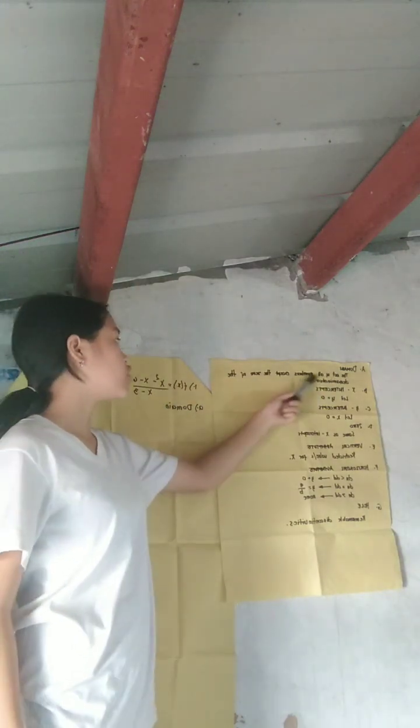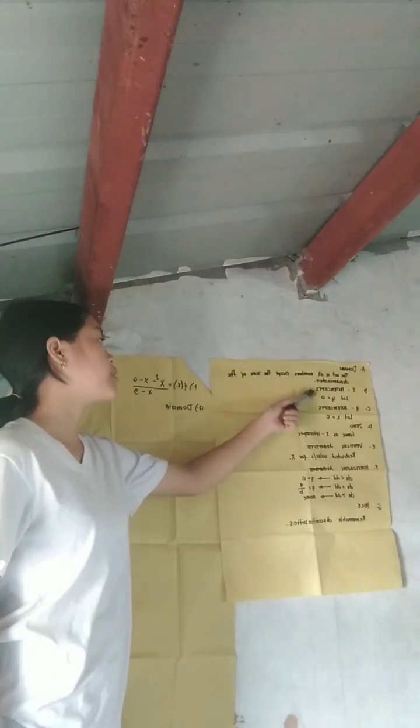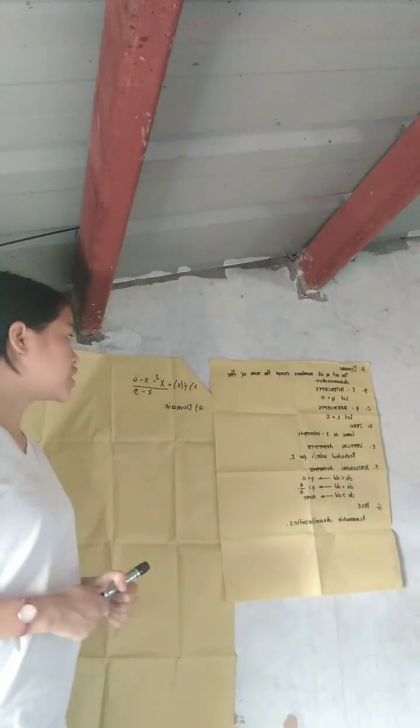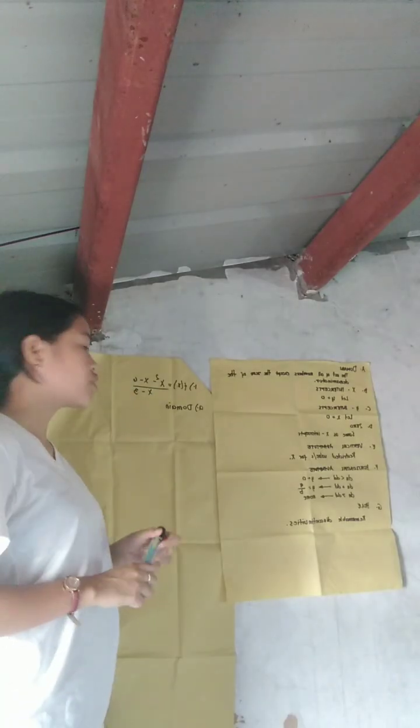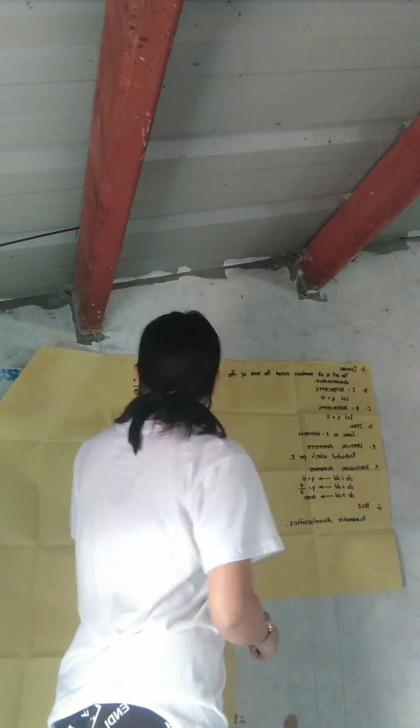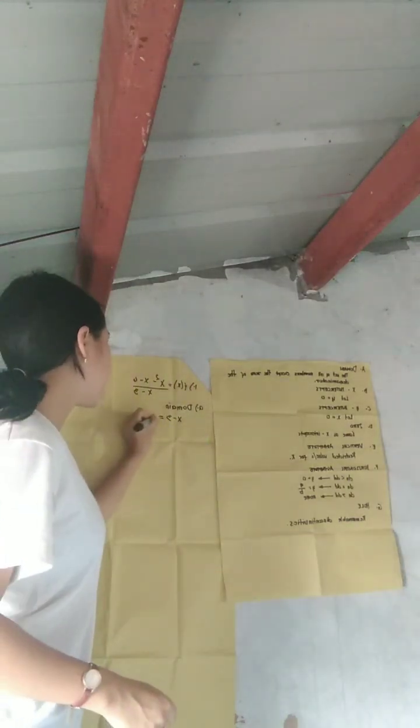The domain is the set of all numbers except the zero of the denominator. Our denominator here is x minus 3. Let us equate it to 0.